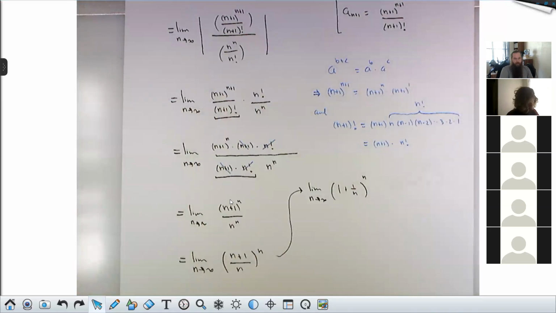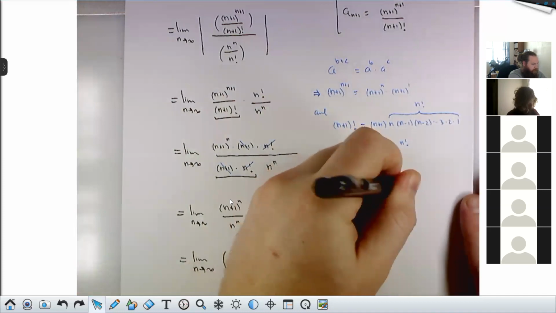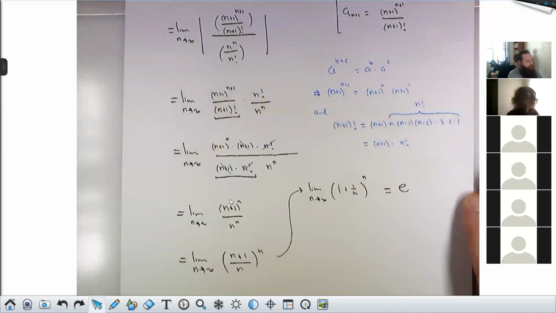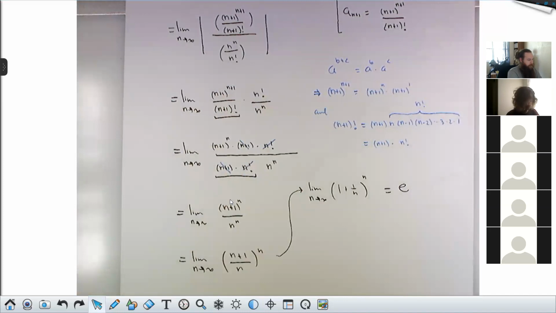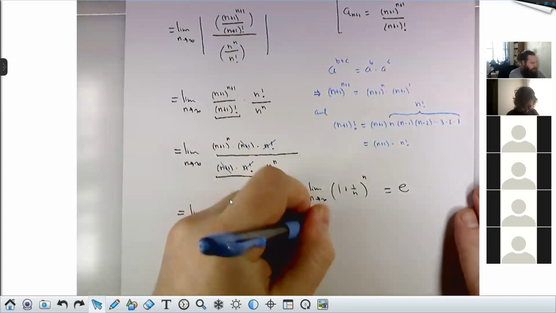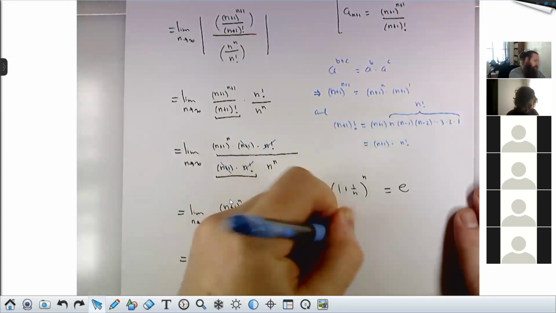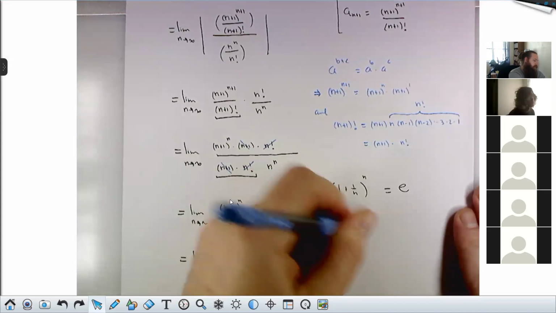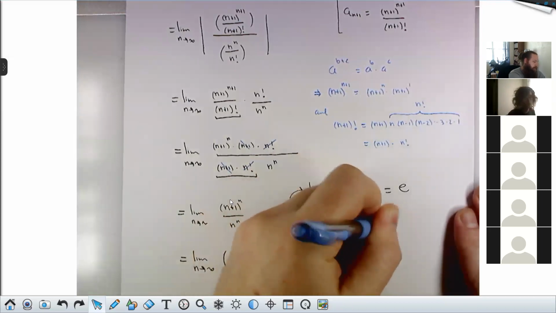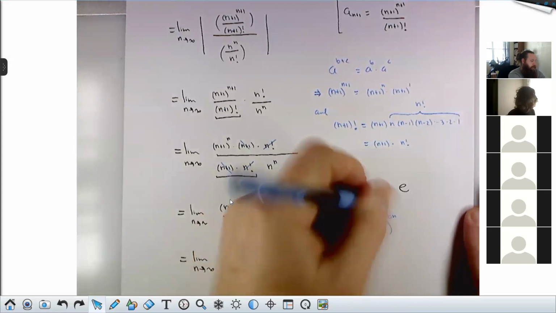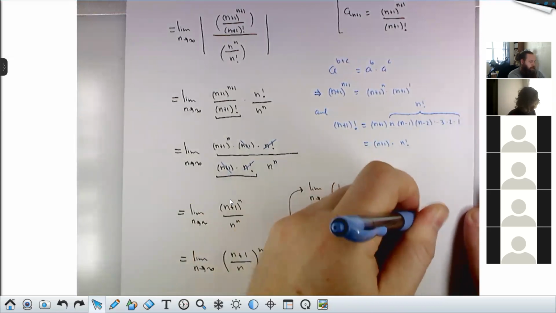And remember I said there's that special limit that's going to show up a few times that you need to know. You need to prove it so that you remember it, so that you can use it. This is literally the definition of the number e. The thing you're allowed to use here is that the limit as n goes to infinity of (1 + a/n) raised to the bn power always comes out to e to the ab.